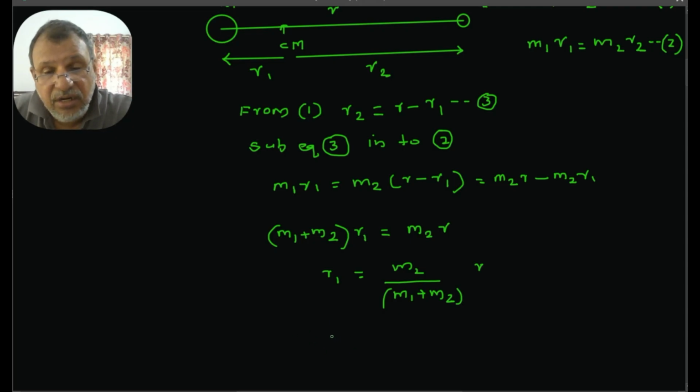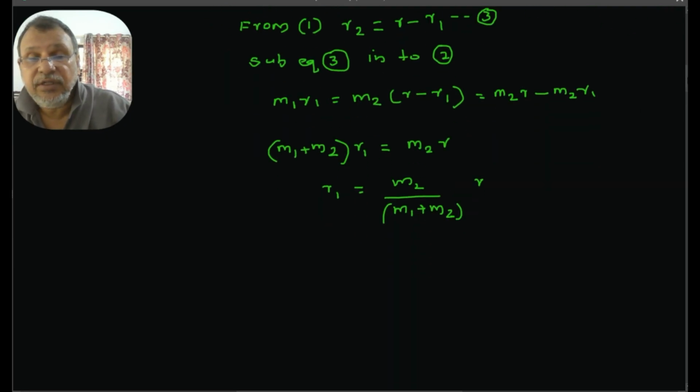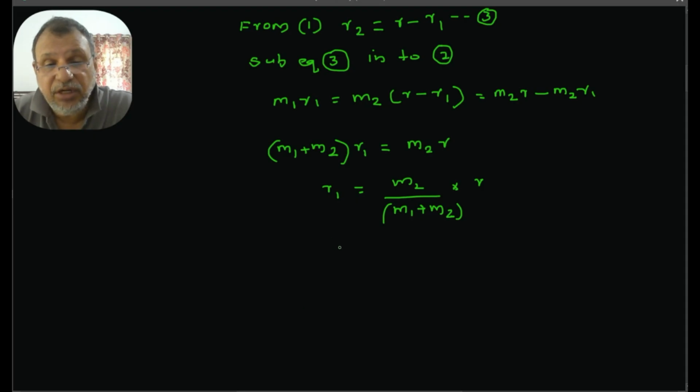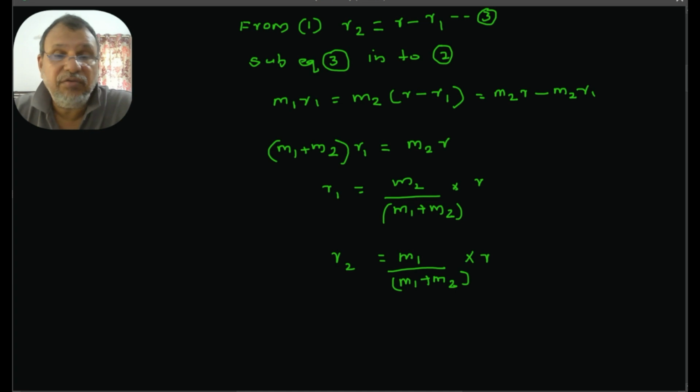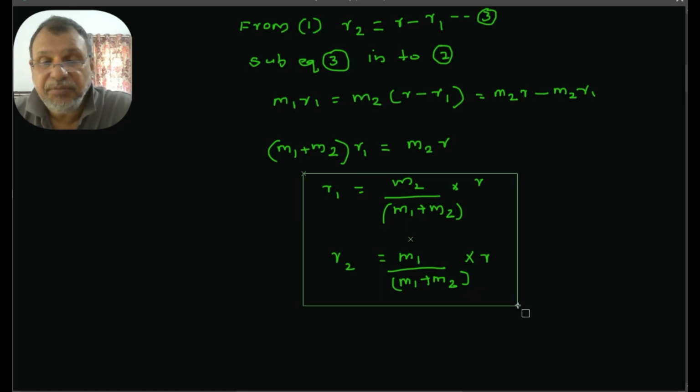Similarly, we can write R2 in terms of R. R2 is equal to M1 over M1 plus M2 times R. So these are the two equations where we get the values of R1 and R2 in terms of the masses and the separation between them.